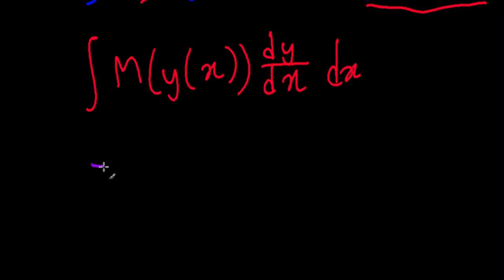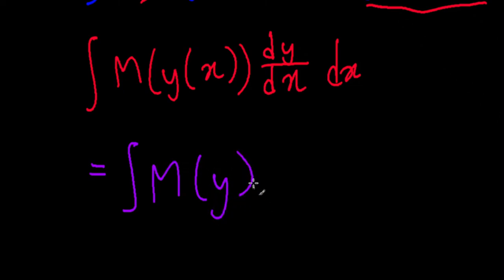This is just going to be equal to the integral of m of y, the function m with y as the variable, with respect to y. So this is basically the reverse chain rule.